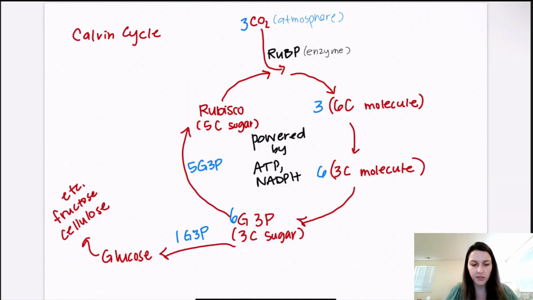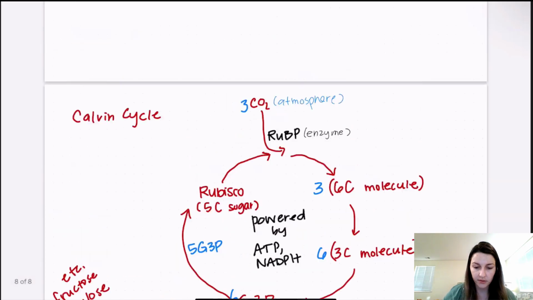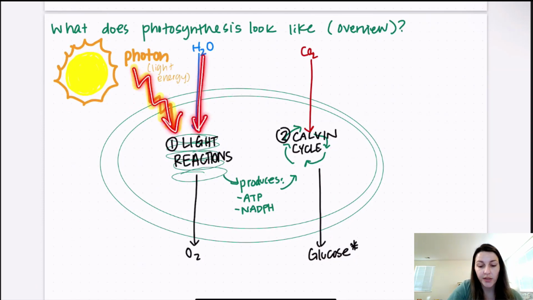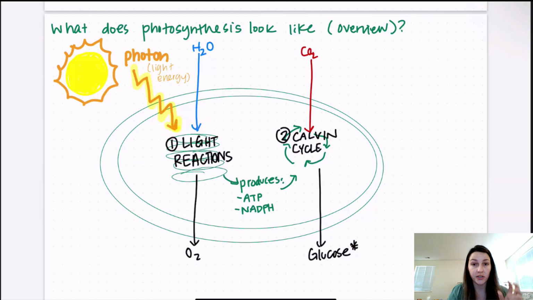So just so we're back to thinking about what's going on here. Photosynthesis, an overview: we use light energy and water in the light reactions within those grana, within the thylakoid membrane, and we get ATPs and NADPHs, which power the Calvin cycle.